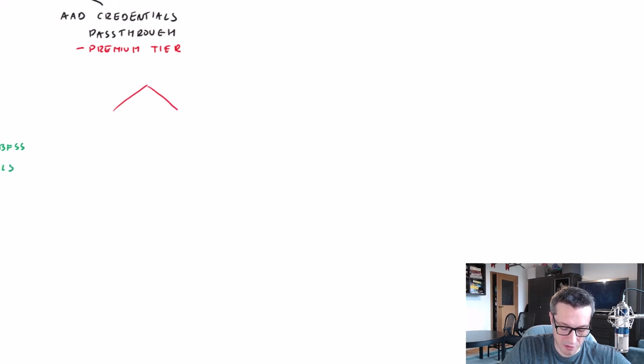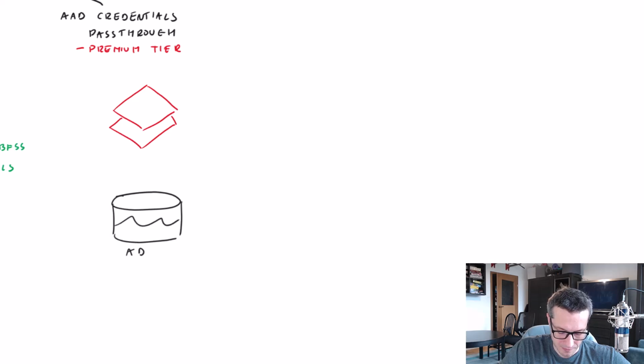All right, so again, let me draw our scenario. We have our Databricks workspace, and we have our data lake. And we want to make sure that Databricks is able to connect to a data lake in a secure way, in a proper way, without granting excessive access.